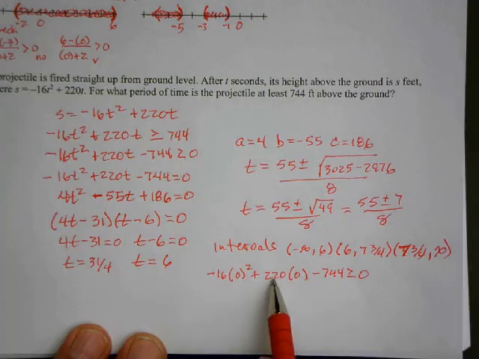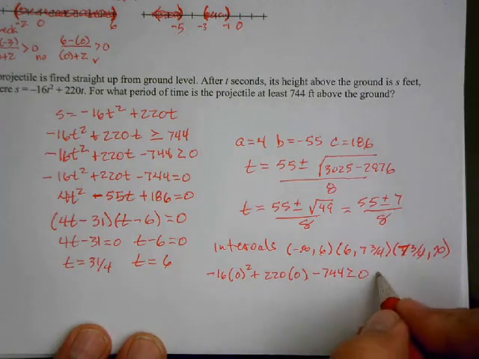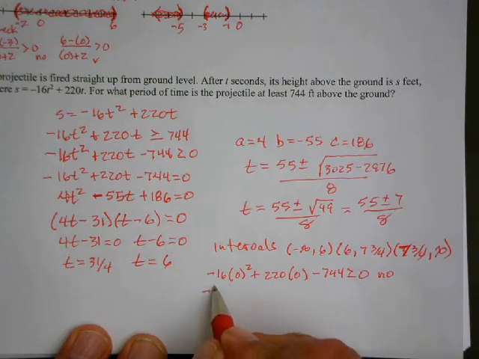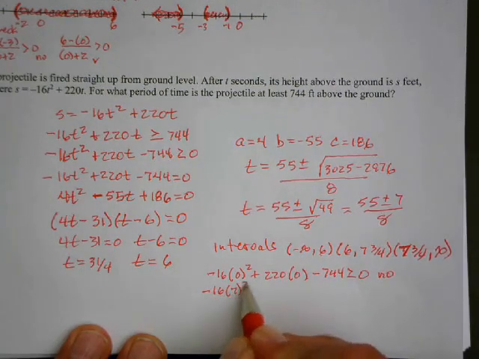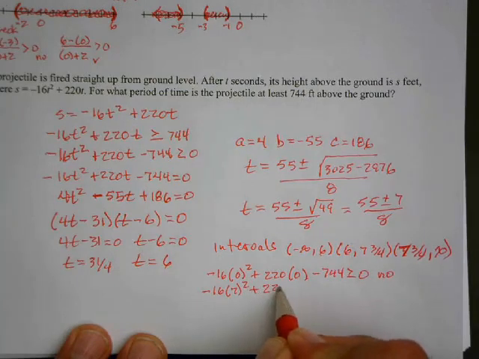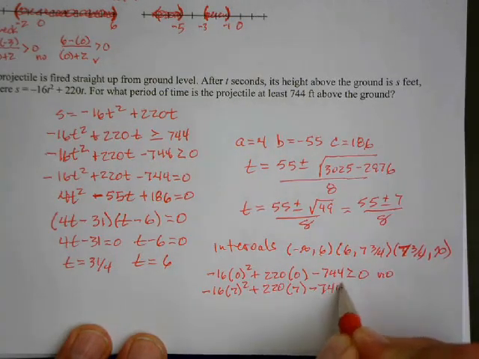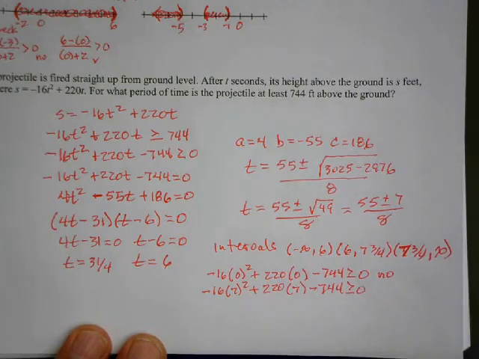Let's say I tried in this interval and I just picked 7. So that would be negative 16 times 7 squared plus 220 times 7, subtract 744. Is that greater than or equal to 0? Well, these combined, let's see, what are we going to have? So the one's 49 times 16.